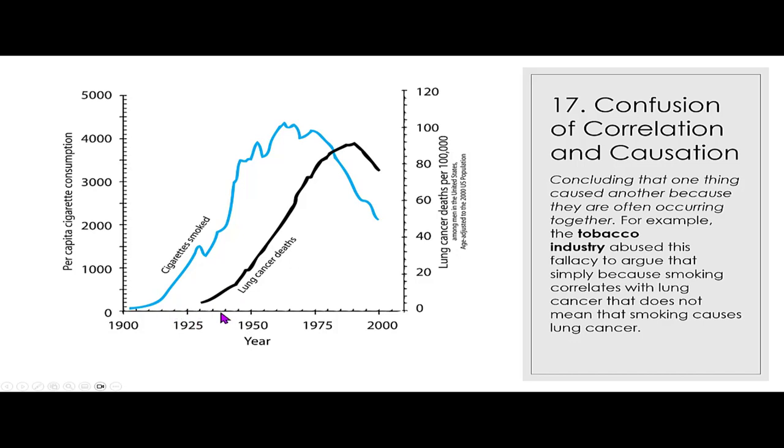However, we know now that it is the causative agent that is causing lung cancer. So this can be used in both ways, right? You can say, oh, these things are correlated, so it must be causative. Or you can say these things are just correlated and not causative, right? So sowing confusion around these without having backup data or the mechanism that links them together.